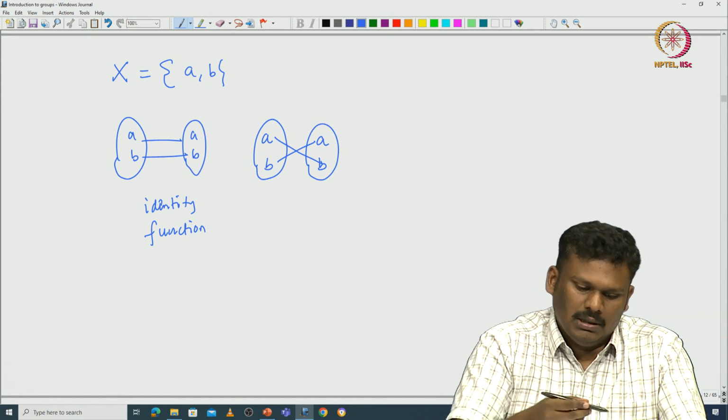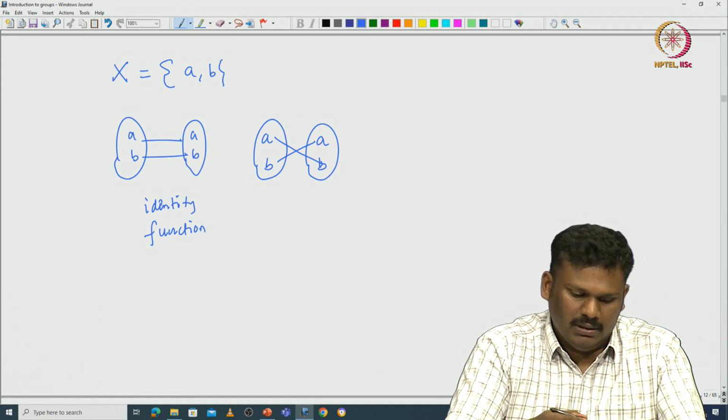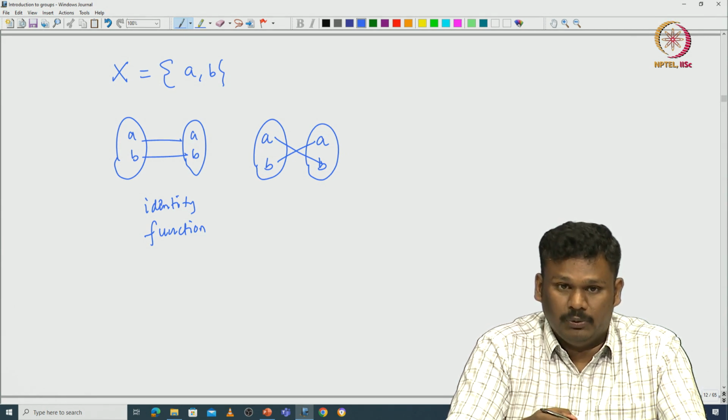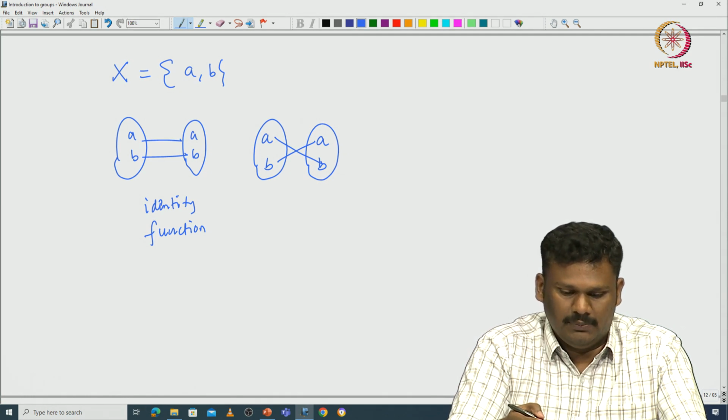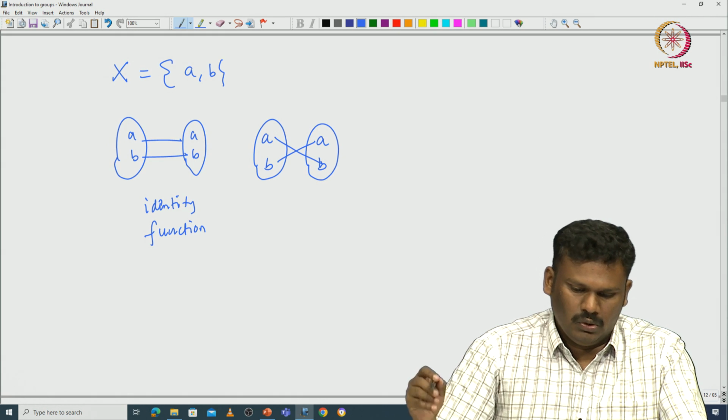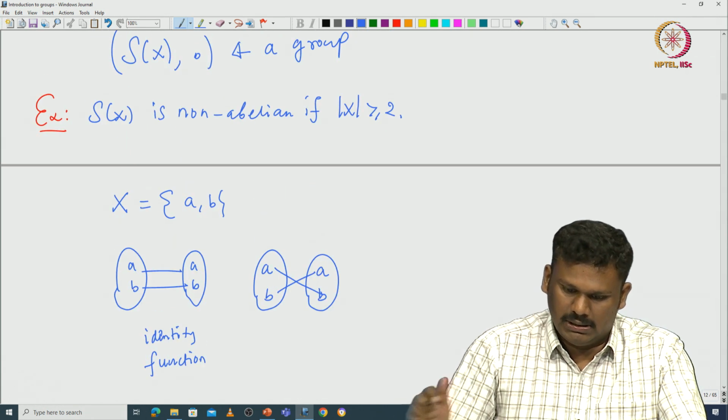Now see the possibilities of mapping a. If you map a to a, then b should not be mapped to a, because we want a bijective function. So, b should be mapped to b. Now if you map a to b, then b has to be mapped to a, okay, that is the only possibility. So, then this group has only two elements. So, what I said is wrong here.